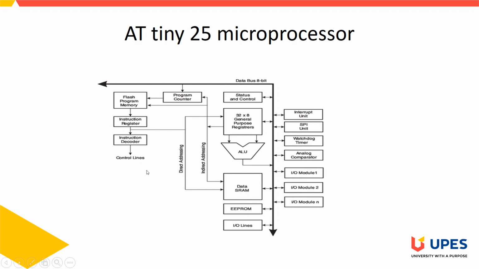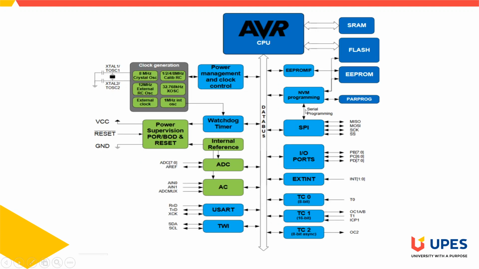You have a flash memory, instruction register, and instruction decoder. Then for outside interfacing, it has IO modules. Then there is an analog comparator for the processing of analog signals. Then the SPI unit is for serial communication, and there is an interrupt unit for handling interrupts.